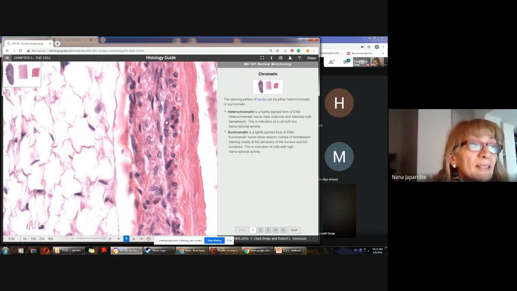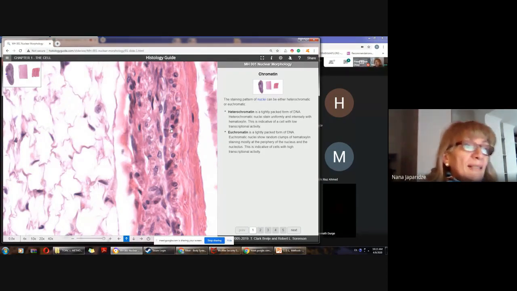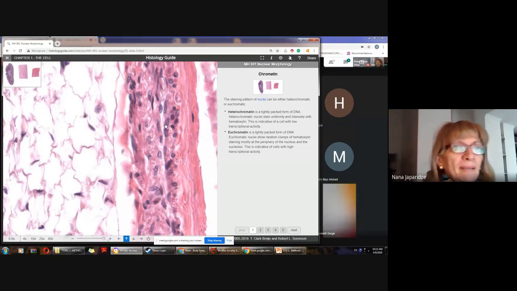And also we can see light stained blocks of the nucleus, and this is euchromatin. So what is the main difference between heterochromatin and euchromatin? In the case of heterochromatin, DNA is very tightly packed, and that is why it stains so dark, so uniformly by the hematoxylin.